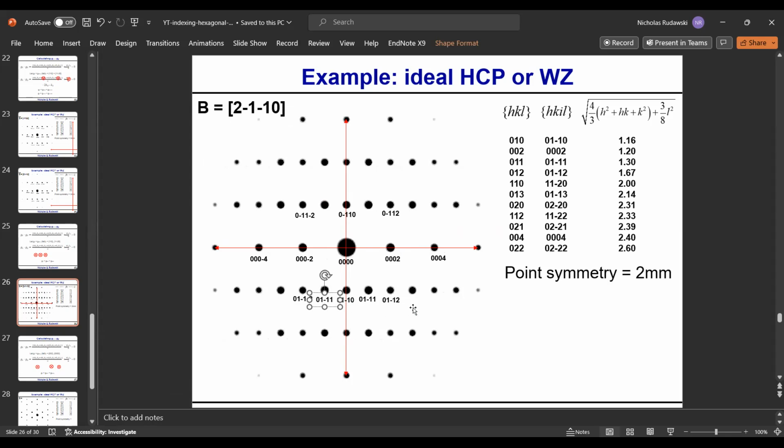So that's 0, 1 bar, 1, 0, 1, 1 bar, 1 bar. You can see this gets a little tight in here. All right, we'll do a few more of these.